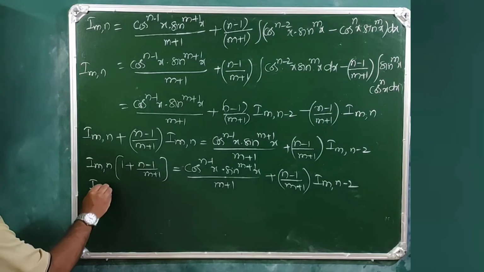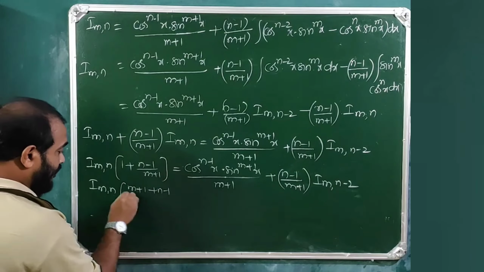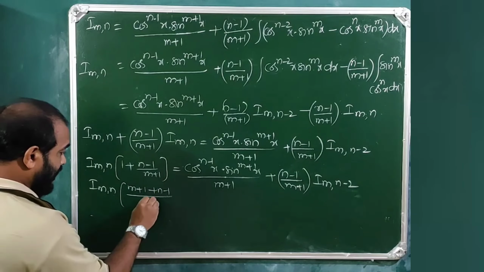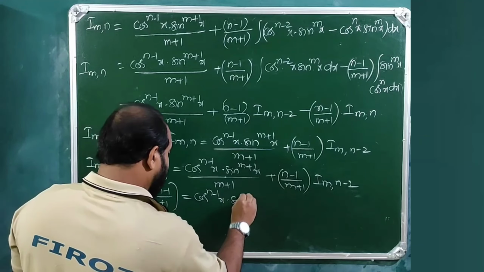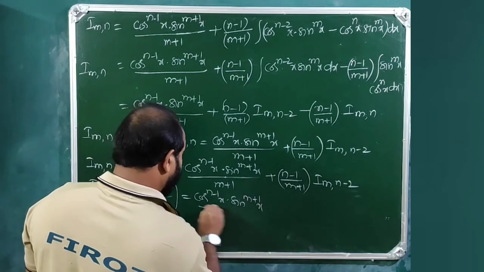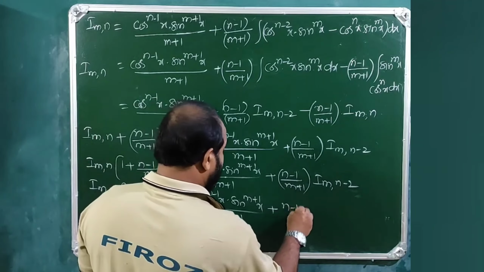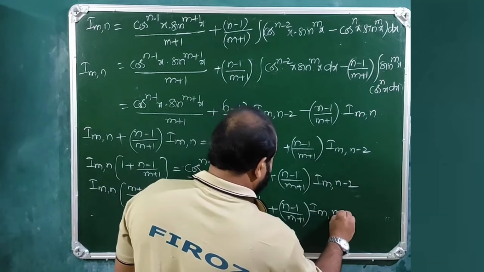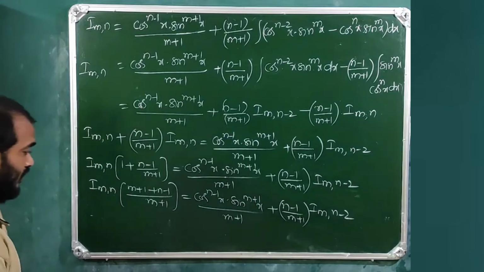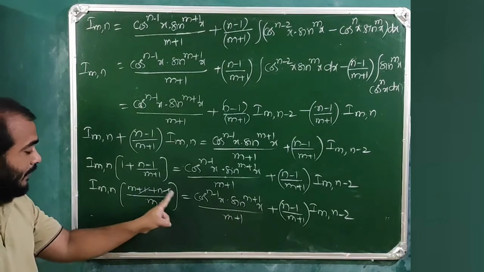So this is I_mn times (m plus 1 plus n minus 1)/(m plus 1). So this plus 1 and minus 1 get cancelled. Therefore, this is I_mn into (m plus n)/(m plus 1).